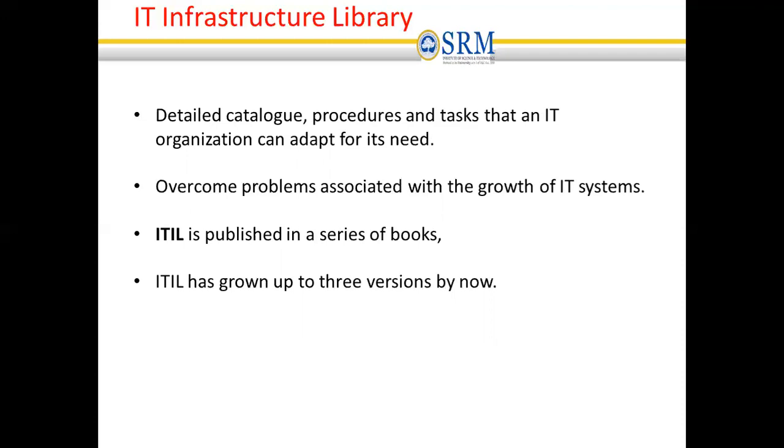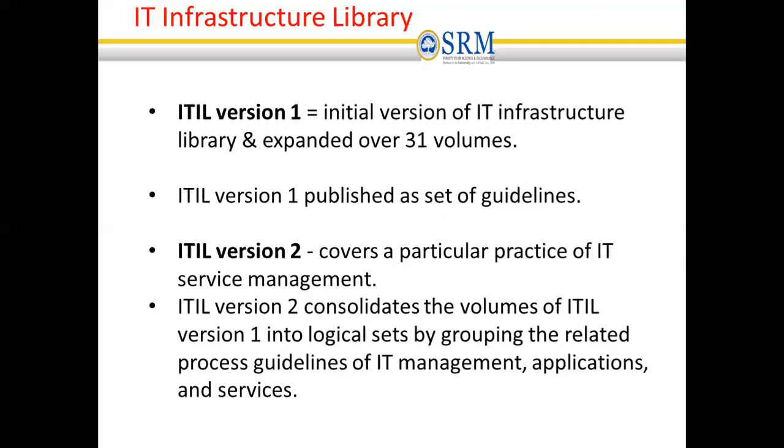ITIL was published as a series of books, each of which gives the details of several IT management topics, and now it has grown up to three versions, namely ITIL version 1, version 2, and version 3.